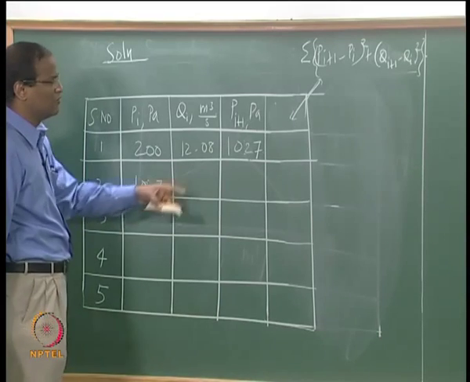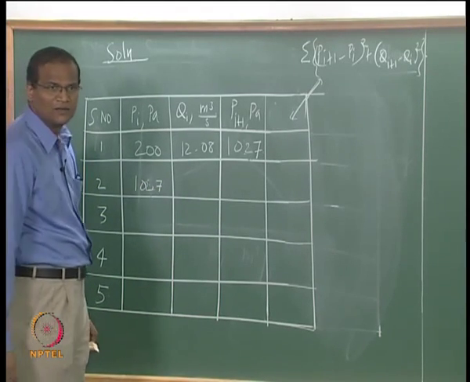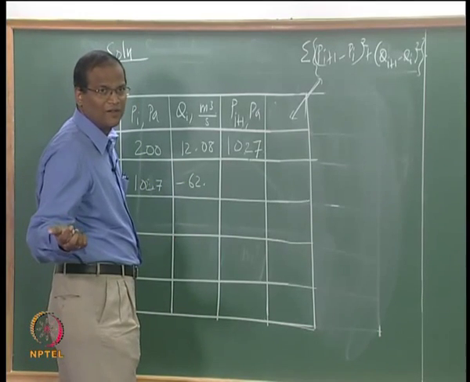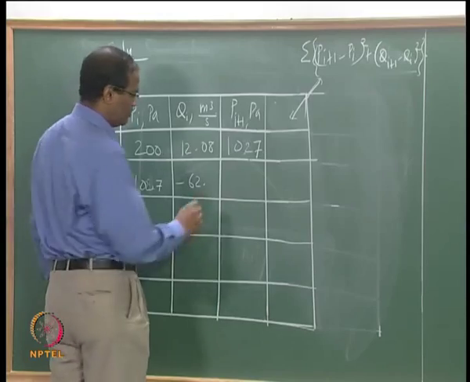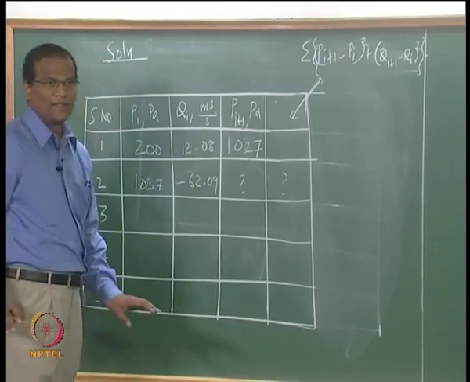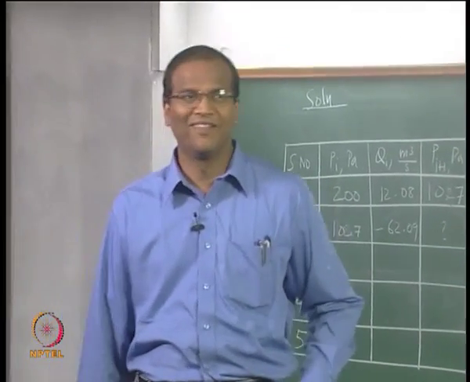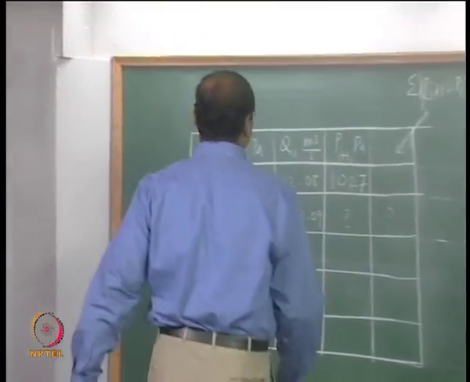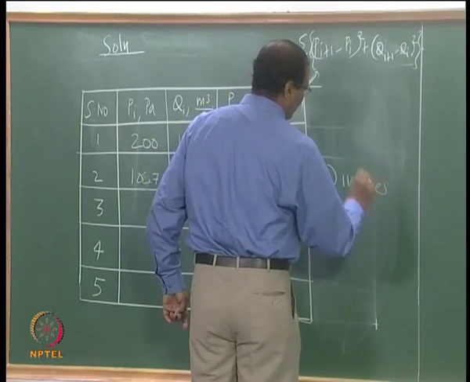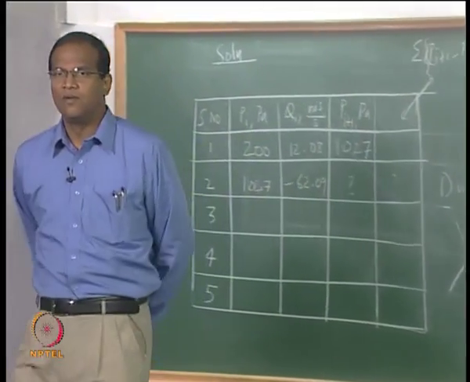Now from 1027 if you want to go to Qi minus, it's gone. Okay, so doesn't work.